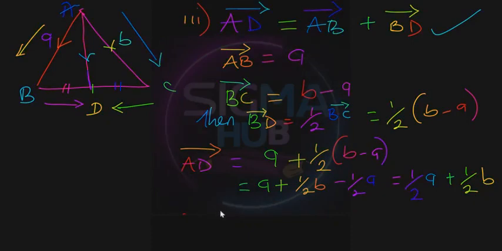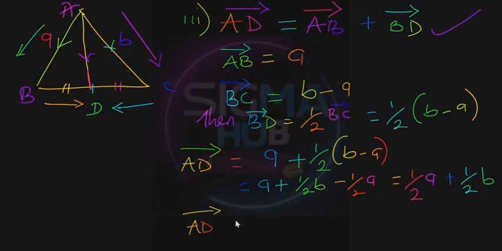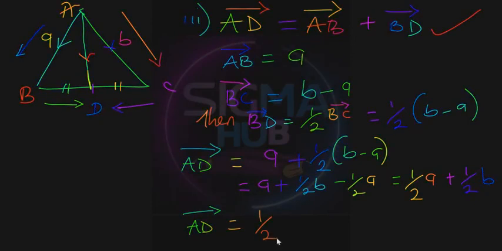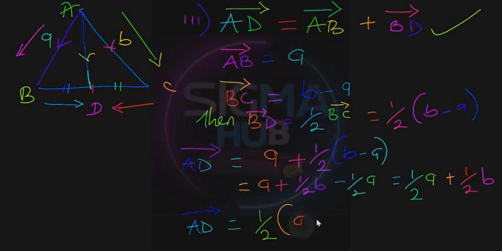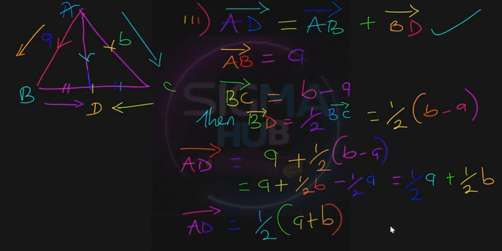So our AD is half into bracket A plus B.